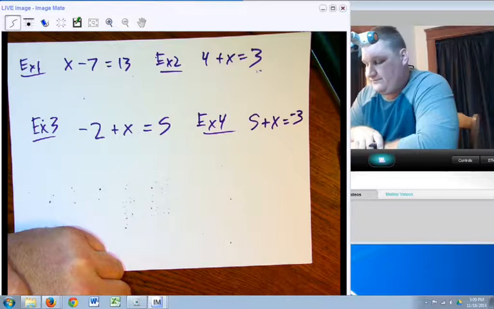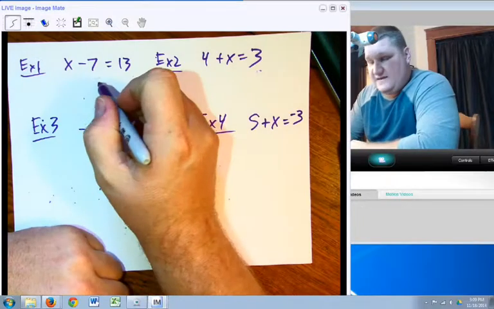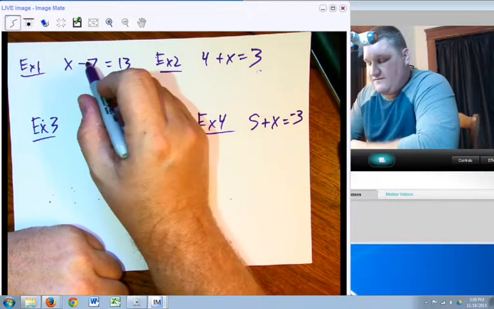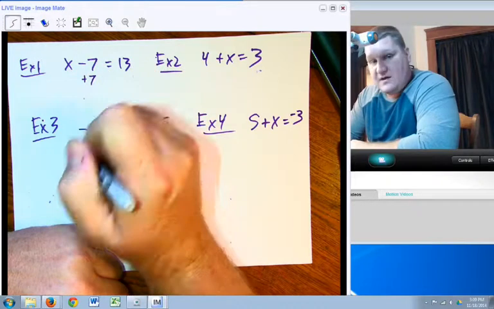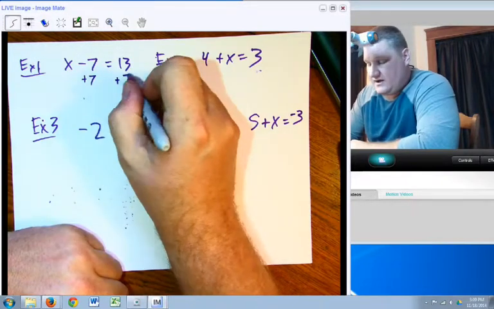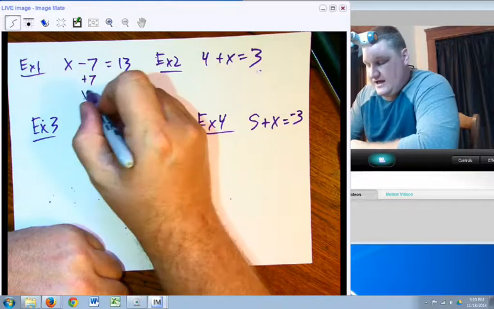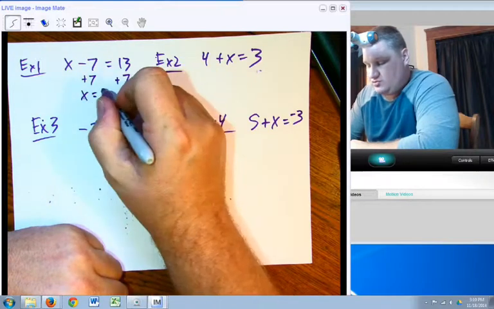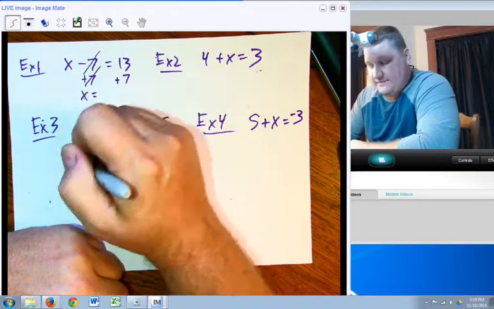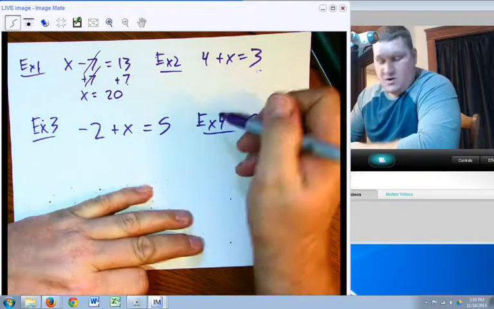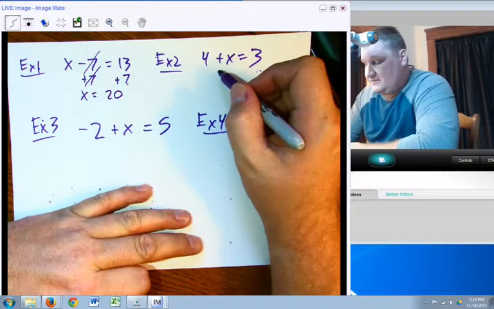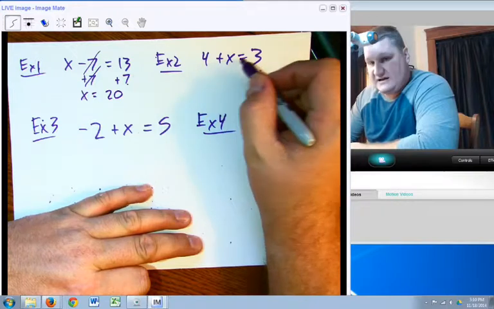Okay. Now, in this case, I need to get rid of a minus 7. So the opposite of minus 7 is plus 7. And I'm going to do it to both sides. x equals, well, these two go away. 13 plus 7 is 20. Over here, I'm going to have 4 plus x equals 3.